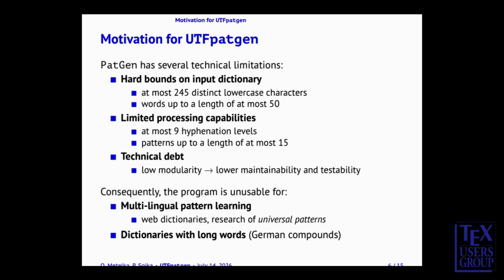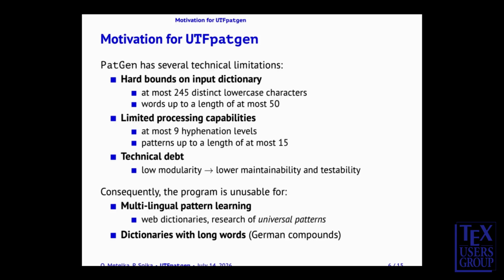Although the algorithm is quite efficient, there are several technical limitations that make the pattern generation impossible in some cases. Firstly, PatGen posts hard bounds on the input dictionary. First and foremost, it allows only a certain number of lowercase characters to occur in the dictionary, and additionally, it limits the word length to 50.